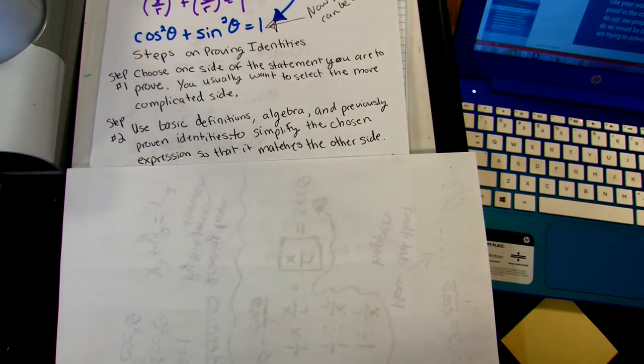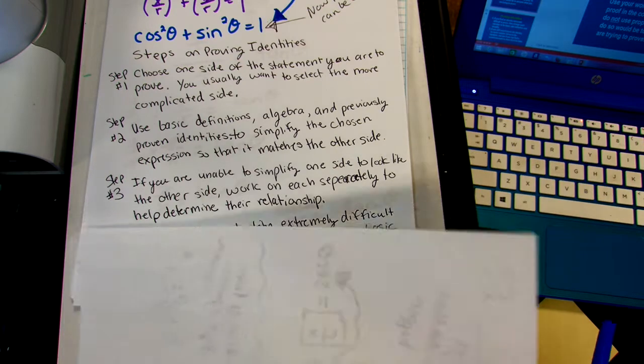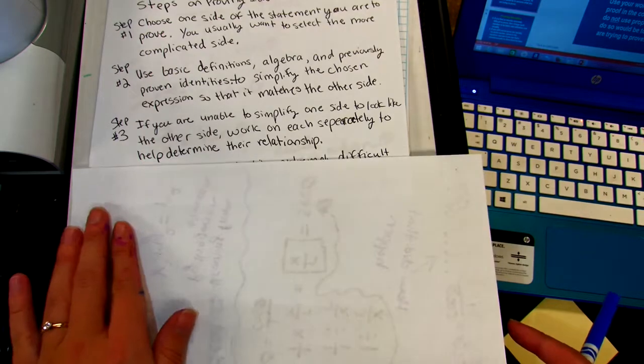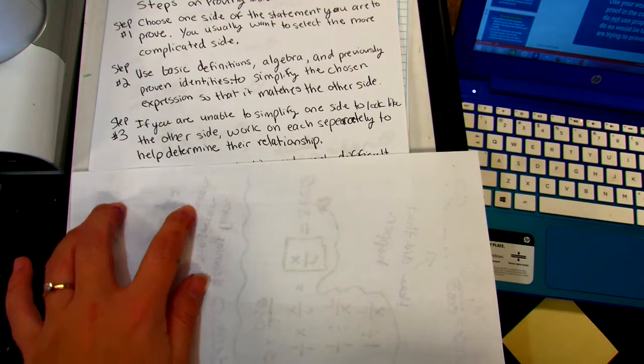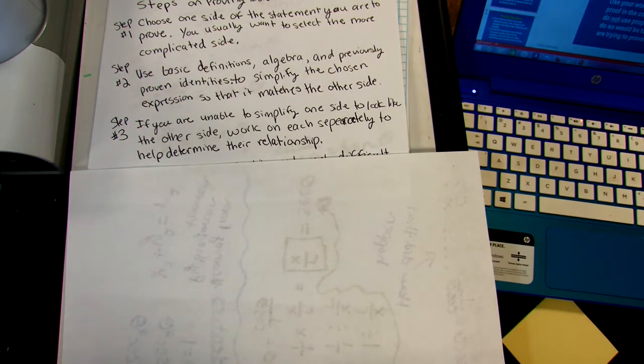Step 3, which I call troubleshooting number 3. If you're unable to simplify one side to look like the other side, work on each side separately and see if you can determine the relationship. When I say that, I mean off to the side, as scratch work, because for your final answer you can't show working on both sides, because again, that's illegal.